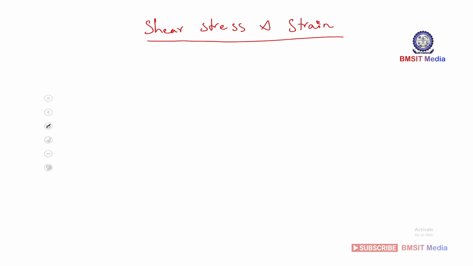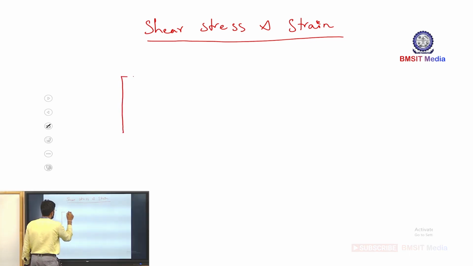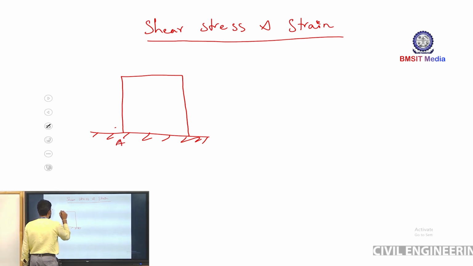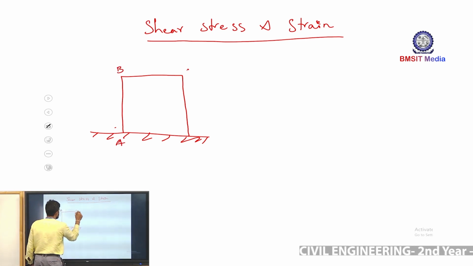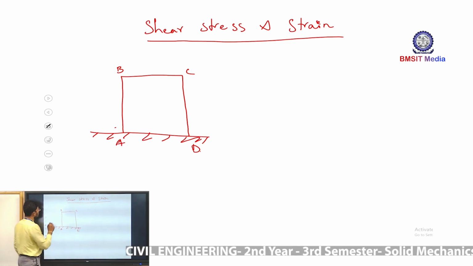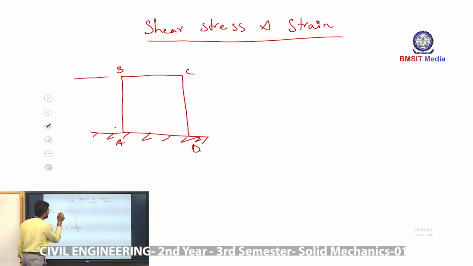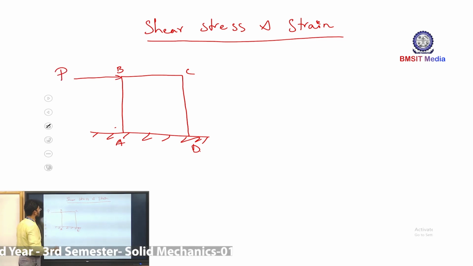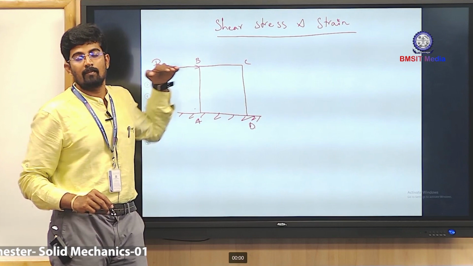Let me take a small framed structure, and name the points A, B, C and D. Now I am trying to apply a load here, from this direction.